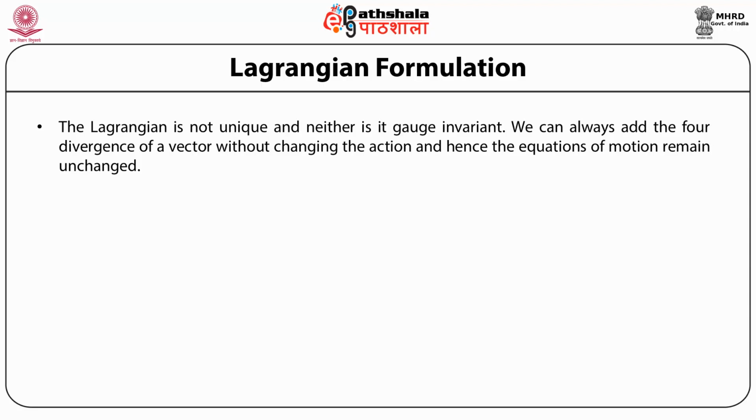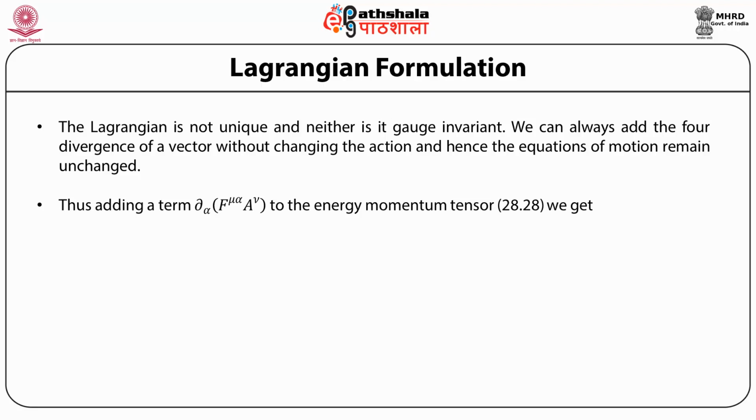The Lagrangian is not unique and neither is it gauge invariant. We can always add the 4 divergence of a vector without changing the action, and hence the equation of motion remains unchanged. Thus, adding a term del alpha F mu alpha A nu to the energy momentum tensor given in equation 28.28, we get T mu nu tends to minus F mu alpha into del nu A alpha plus del alpha into F mu alpha A nu plus 1 by 4 G mu nu F alpha beta contracted with F alpha beta.